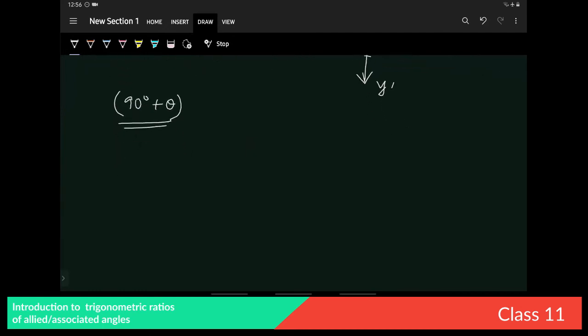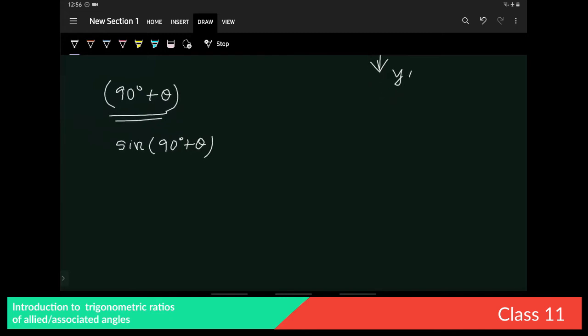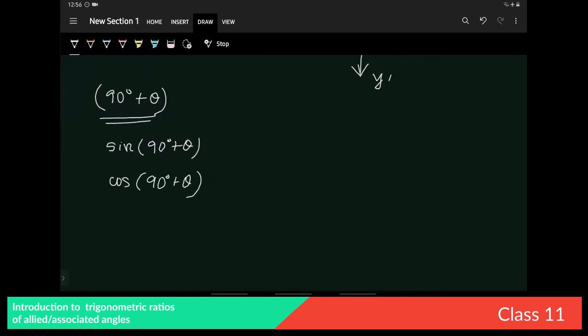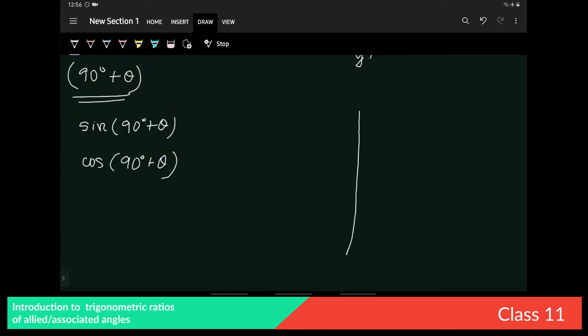I'm writing just two or three, and the rest you will do on your own. Now if you look at it carefully, this is x prime, y prime, and the origin.